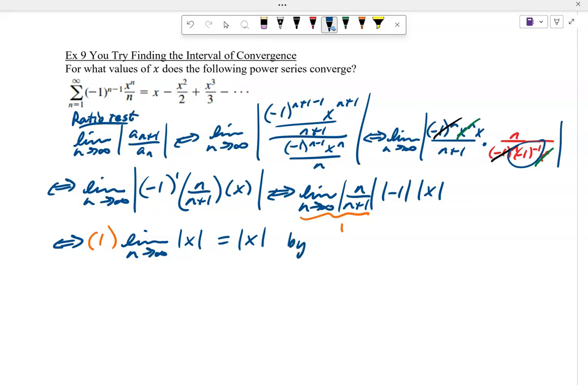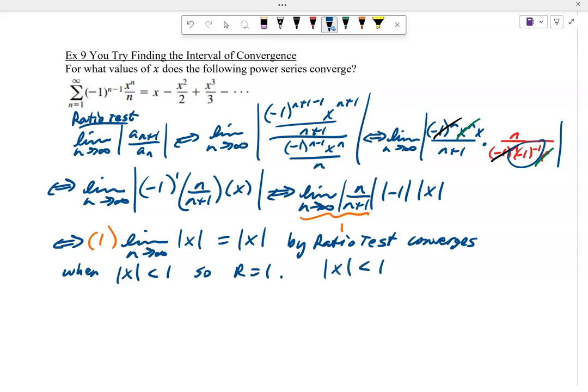Which by the ratio test converges when that is less than 1. So the radius of convergence is 1, and the series is centered at 0.